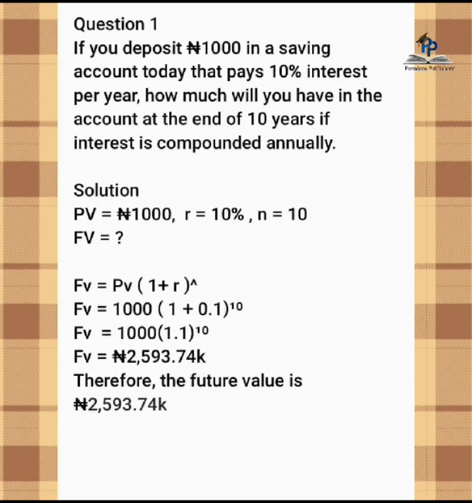When we move down to the next stage, we write another 1,000 naira, bracket open, you add the 1 to 0.1 to give you 1.1 raised to the power of 10. You use your calculator, you press 1.1 raised to the power of 10, multiply by 1,000 naira, and that will give us a future value, which is 2,000 plus.